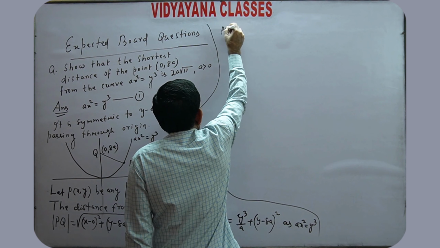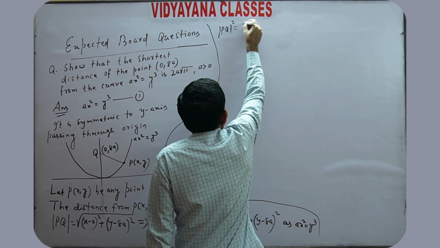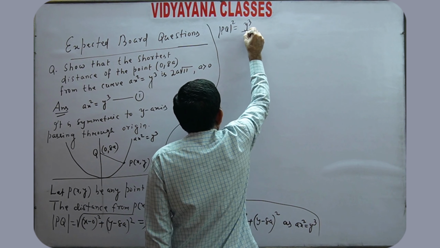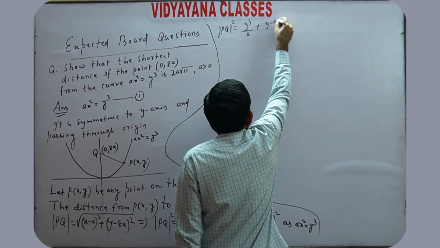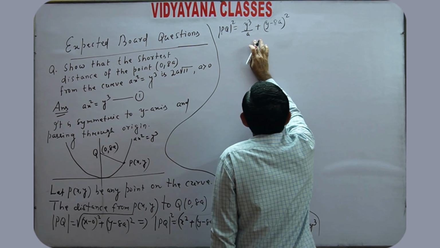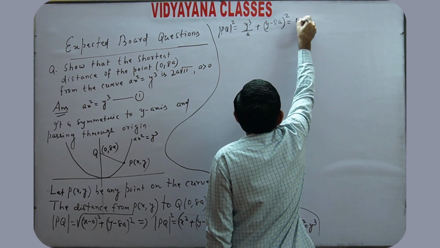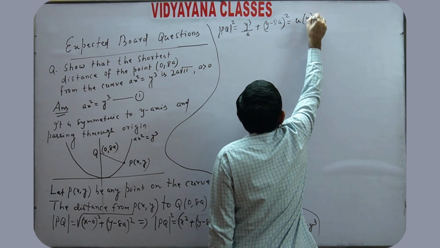Here, |PQ|² is equal to y³/a + (y − 8a)². It is a function of y.